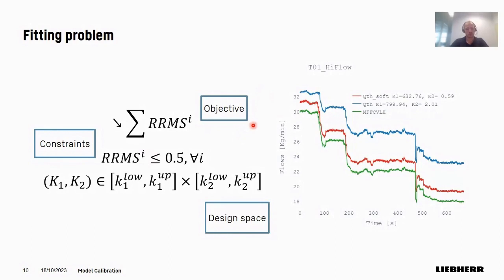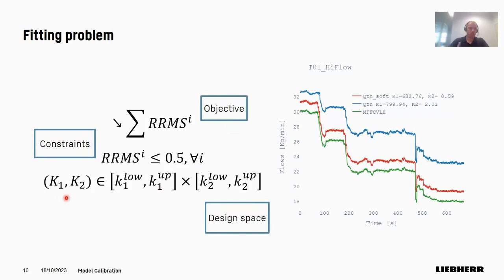We want an equilibrated calibration, so a balanced calibration between all the profiles. So that's why we had some constraints, and this is possible because we use a real optimization object. We don't do simple least square problem solving.